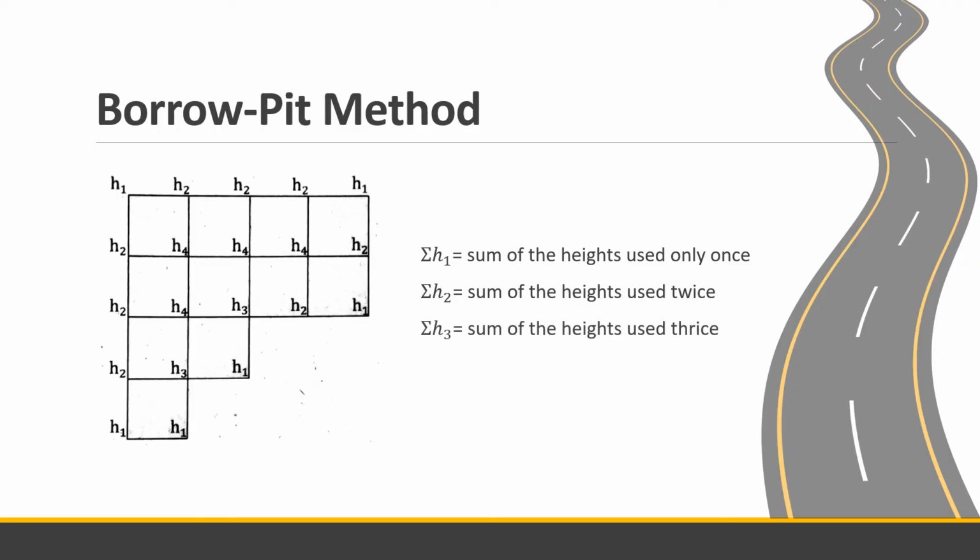Summation of H3 is the sum of the heights used thrice, and summation of H4 is the sum of the heights used 4 times. So you shall remember these notations or assignments. So pag isa lang siya na use na height, or isa lang siya dun sa mga heights, that is H1. Okay?